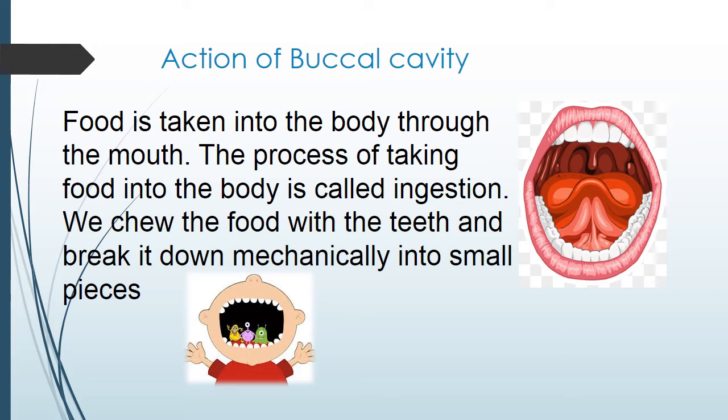Now, saliva plays a very important role, as I told you. Number one is moistening of food and softening it, and it contains an enzyme. That enzyme is called salivary amylase, a digestive enzyme which converts starch into sugar. Starch, what is starch? Starch is a carbohydrate.